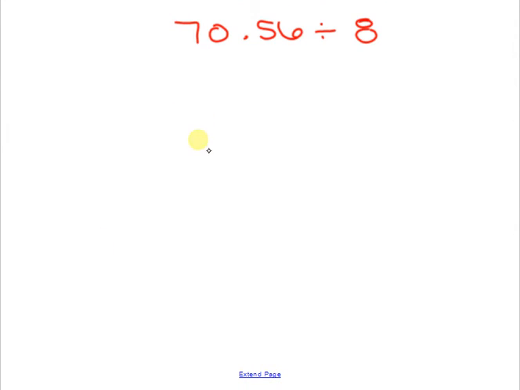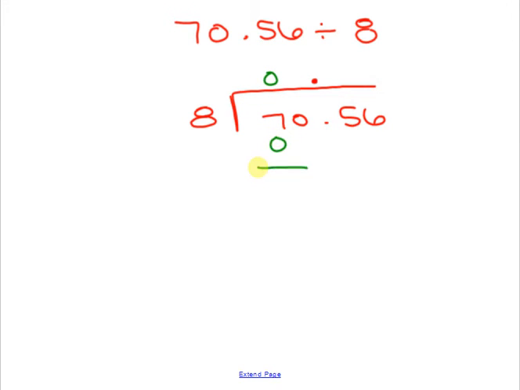So I'm going to go ahead and set up my problem here. 8 is going to be on the outside, 70.56 on the inside. Bring my decimal to the roof. 8 goes into 7 0 times. 8 times 0 is 0. Subtract. 7 minus 0 is 7. Bring down the 0. 8 goes into 70 8 times. 8 times 8 is 64.